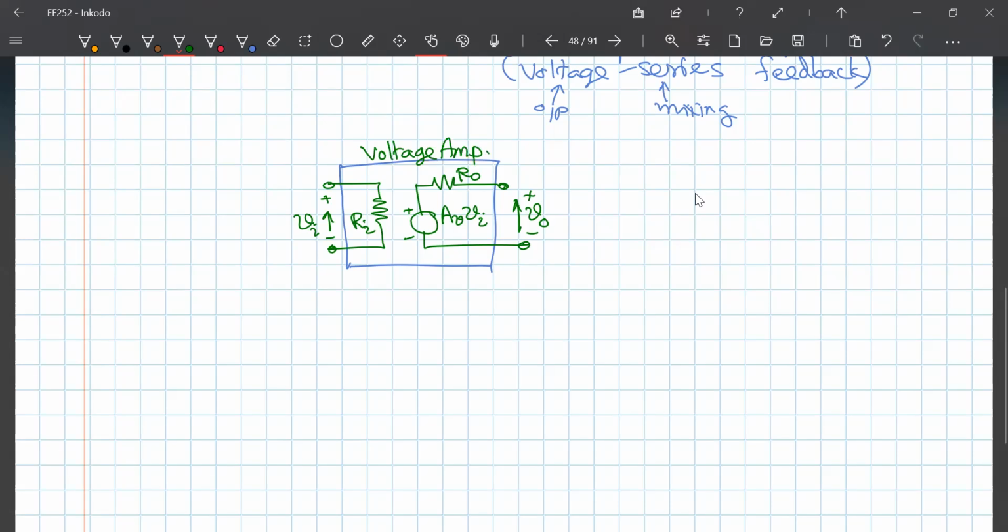Now I want to apply a signal to this. So I have my voltage signal. This is what I need to amplify. So I connect it like that. Now without feedback, I would have directly applied it to this circuit. But now I want to apply negative feedback.